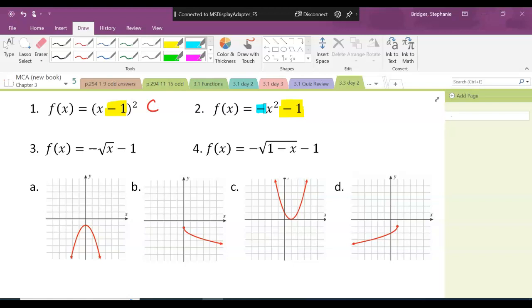So if I move down 1 and then I flip it upside down, it's approximately going to look like that, correct? Is that what A looks like? Which is the only other parabola there. So guess what the answer for 2 is? A. So do you kind of get what I'm doing? I'm looking at what changes happened in my equation, and which graph moves that direction so that I can choose.